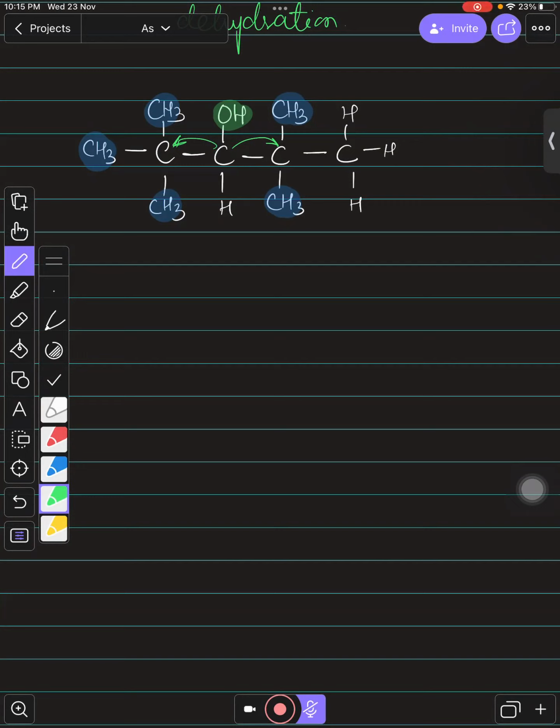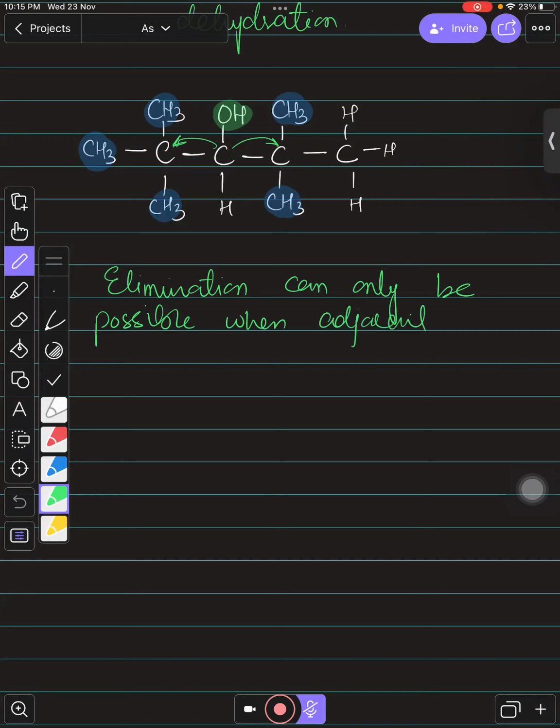Yes, sir. So you can say that elimination can only be possible when adjacent carbon has individual H, right?